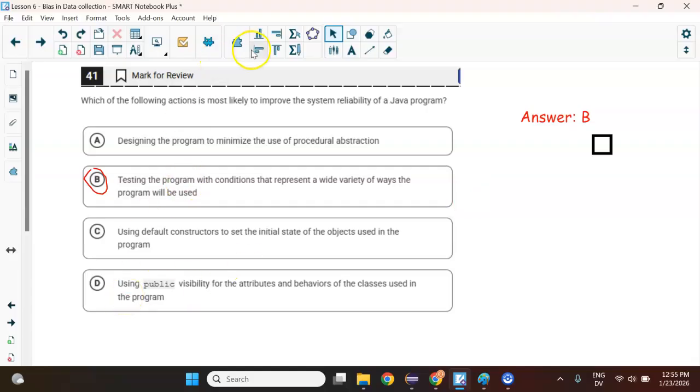The constructors part's not really going to matter too much for reliability. You definitely don't want to make your attributes, the data instance variables, anything but private, so this is the wrong answer. And procedural abstraction is just how the programmer hides the details of the program, and that's not really affecting reliability. That's just how the code is structured.